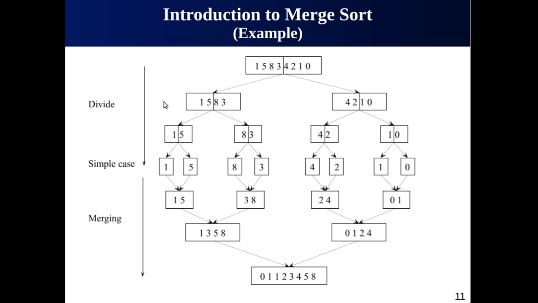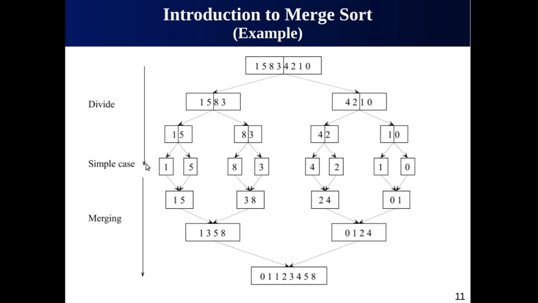Now, recursion: we need to subdivide the problem again into subproblems. Here we now have 4 elements, and division will give us 2 elements on one side and 2 elements on the other side. Again, consider this array and recursively divide it again. So we will get 1 element on the left side and 1 element on the right side.